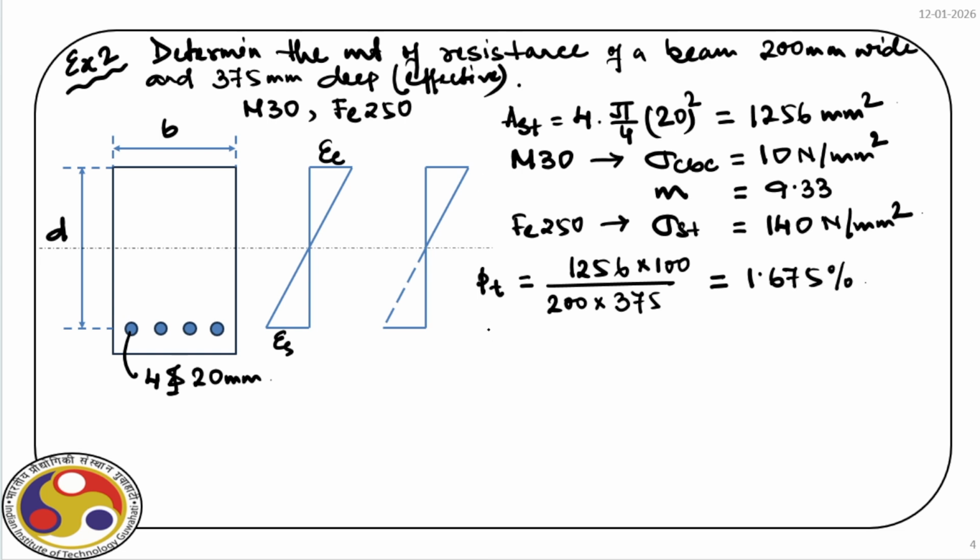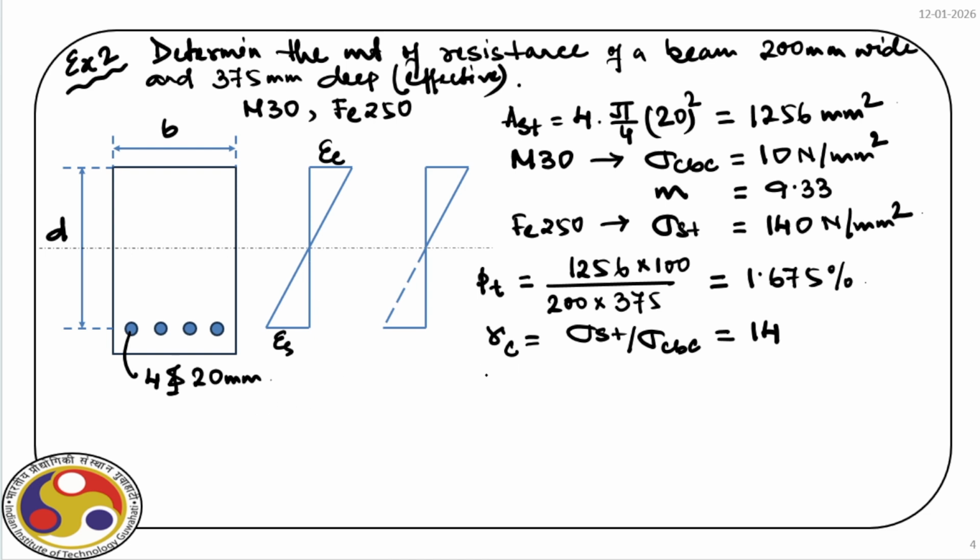Now, we can also find out stress ratio. If you recall, stress ratio is sigma ST divided by sigma CBC. So here we have 140 is sigma ST and sigma CBC is 10. So R is 14. Let us try with balanced section first, and then we will see whether it is an under reinforced or over reinforced section. That we'll do in a minute.